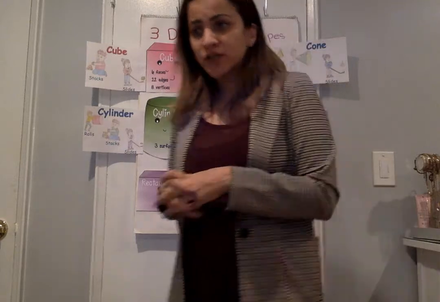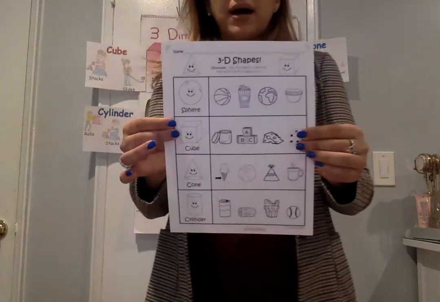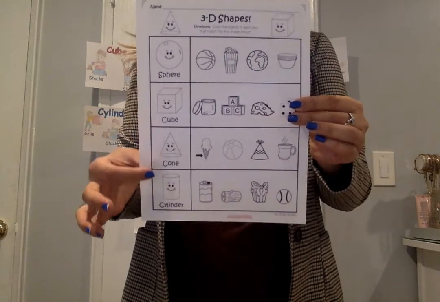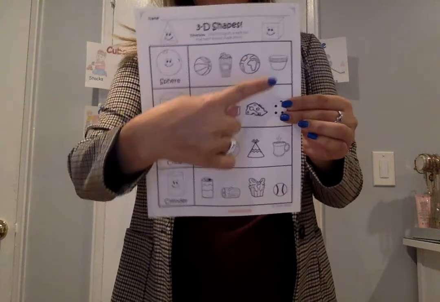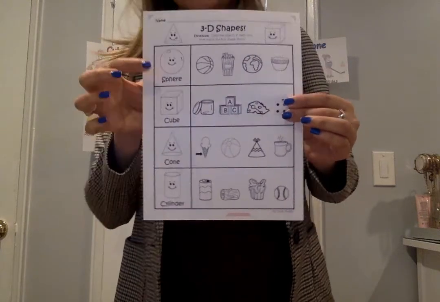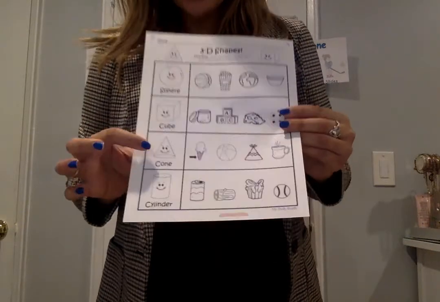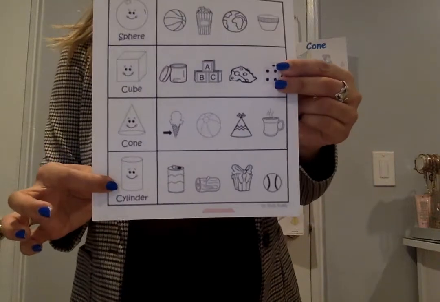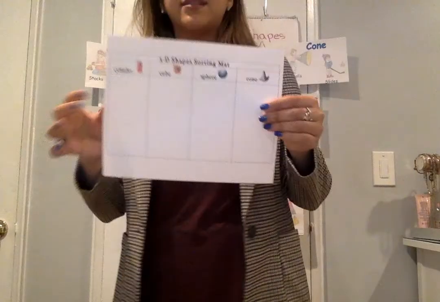Today for homework, some of you are going to look at these 4 three-dimensional shapes, and you are going to circle which one you think is a sphere, the cube, the cone, or the cylinder. And others are going to look inside your home.